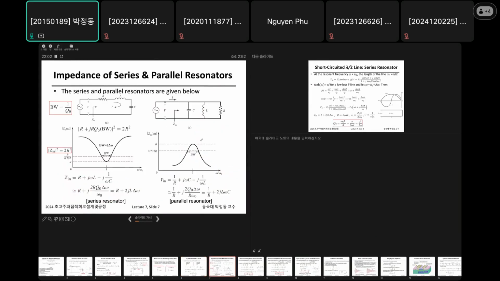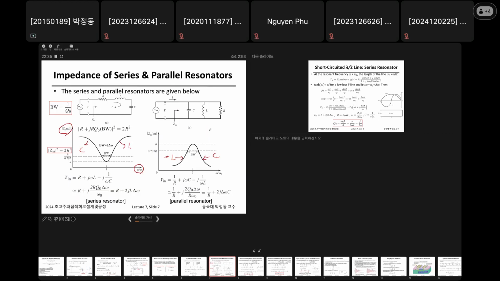So based on those, you can see the impedance as a function of omega is given by this one. This is capacitive and this is inductive, right? In the opposite way, this is inductive and this is capacitive for the parallel network.